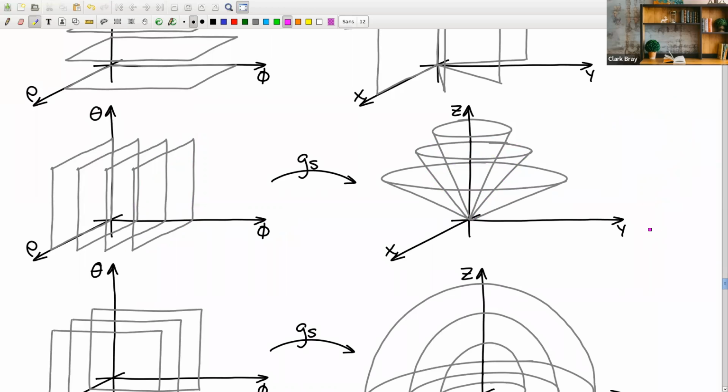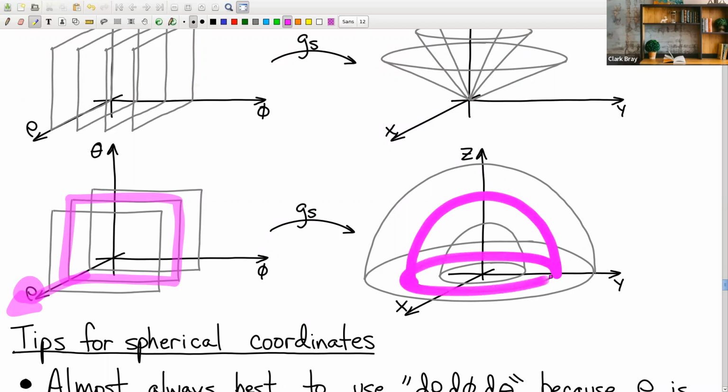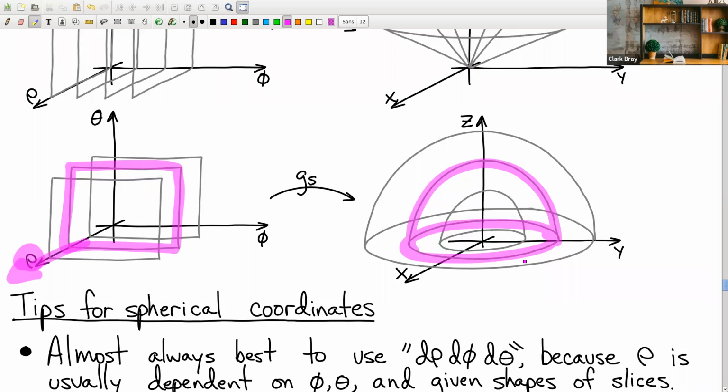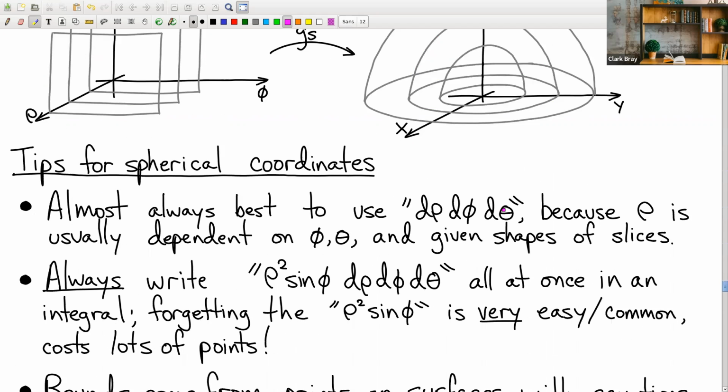And what happens when I fix a value of rho? A fixed value of rho, of course, is going to be kind of a part of a sphere. All right, so these are your tools here, and we're going to slice up with these tools. Again, there's good news.